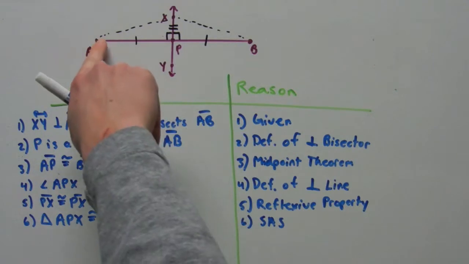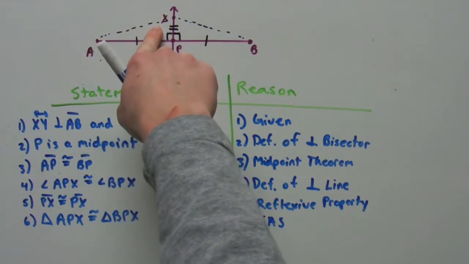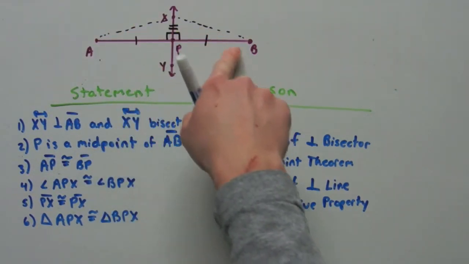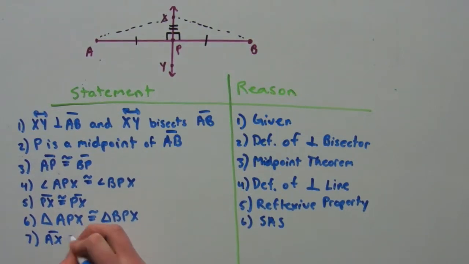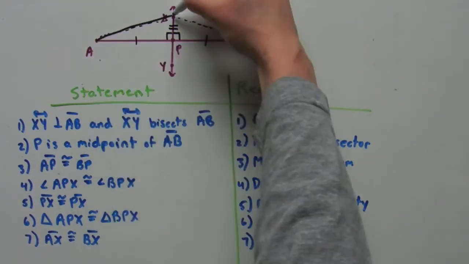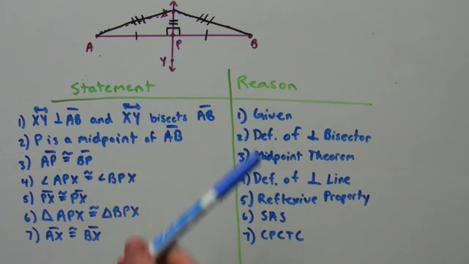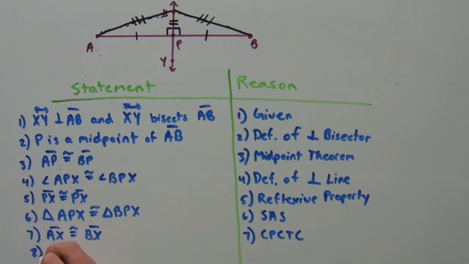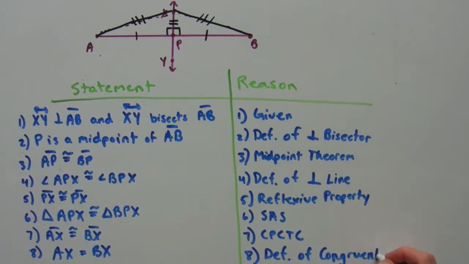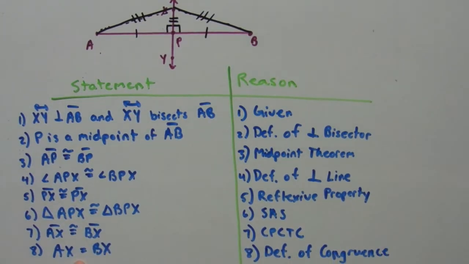So that means this side, AX, is congruent to the side, BX. And since those two are congruent, they're equal in measure. So AX equals BX by the definition of congruence.